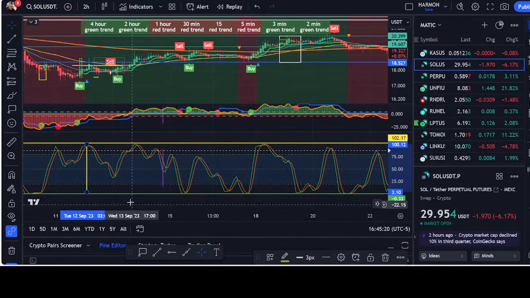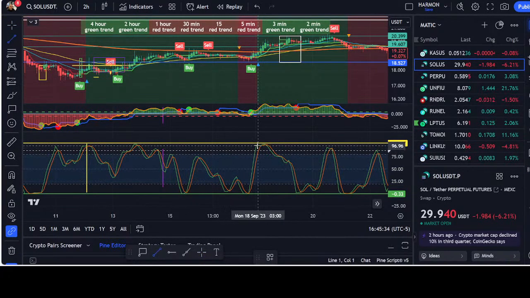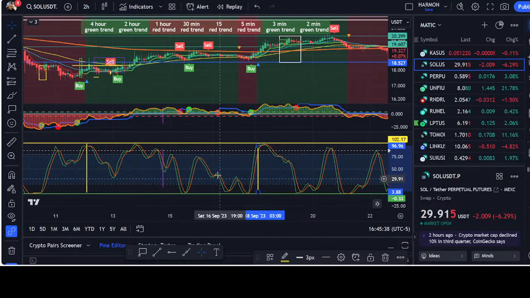Okay. So now I'm going to mark my 2 hour green trend here just so that I understand that at that point, this is where things are moving to an upward position. And then I'm going to mark here so that we can see that, as we go through trends, we're working our way through that.